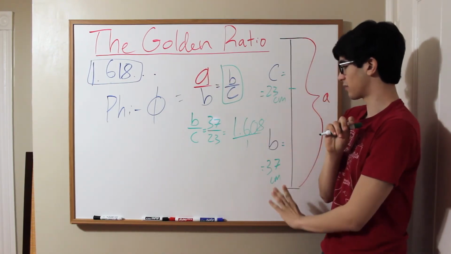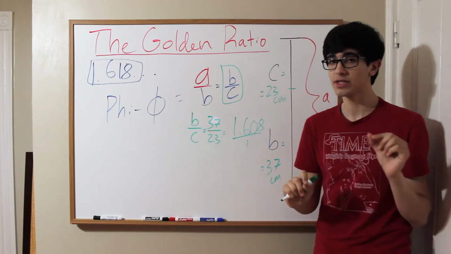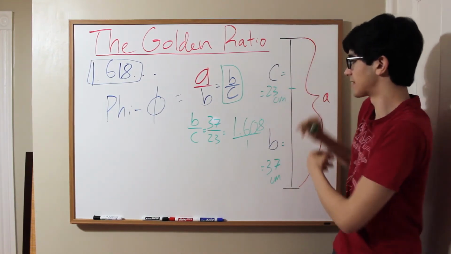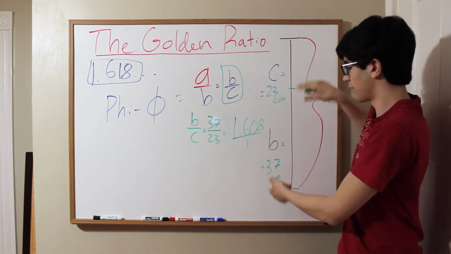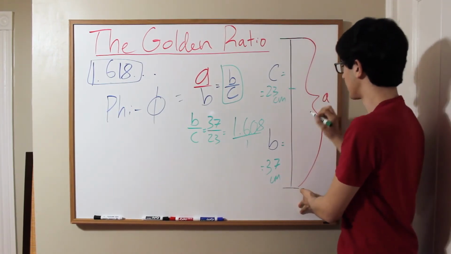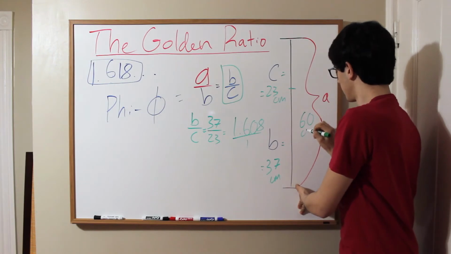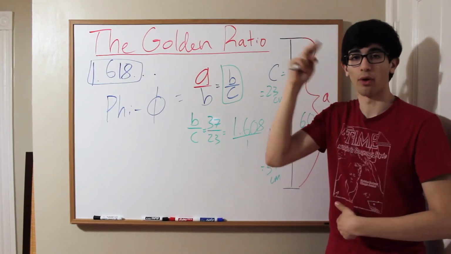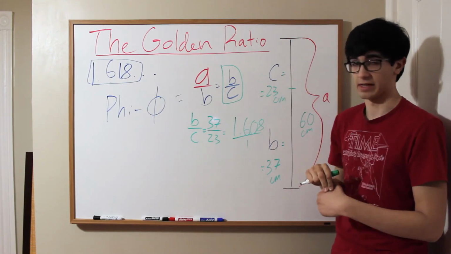If our B is 37 and our C is 23 centimeters, because our A is these two segments together, we can add it up. 37 plus 23 makes our A 60 centimeters. And I did measure my upper body just to confirm that the whole upper body is 60 centimeters.